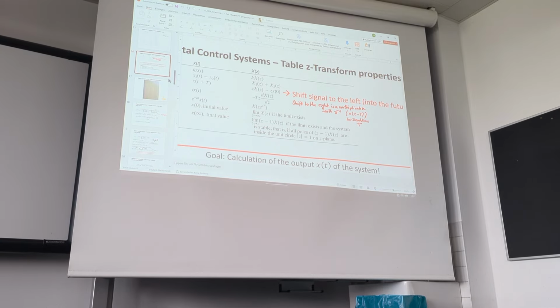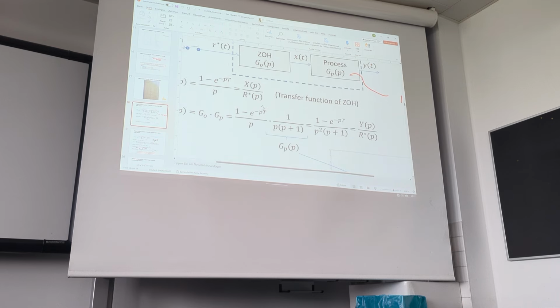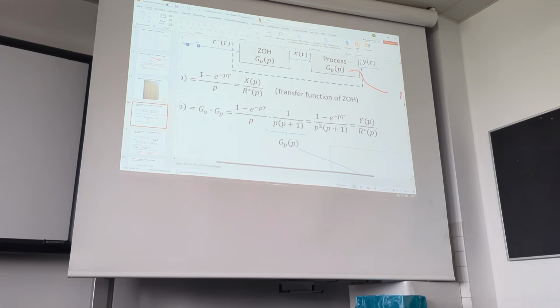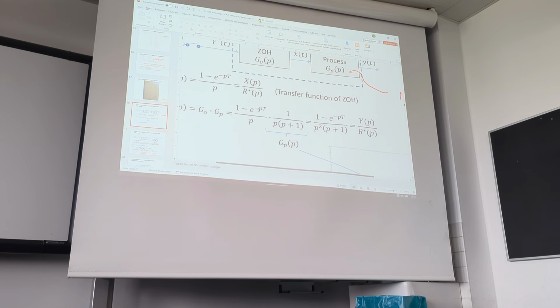And now we had here in the transfer function 1 minus e to the power of minus pT, which is actually in the Laplace domain, at that time of just one sampling period, capital T. So in order to use this fact in our equation in the z domain, this multiplication with e to the power of minus pT would be a multiplication with z to the power of minus 1.